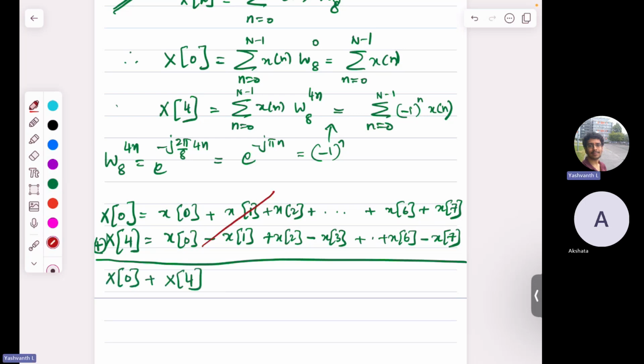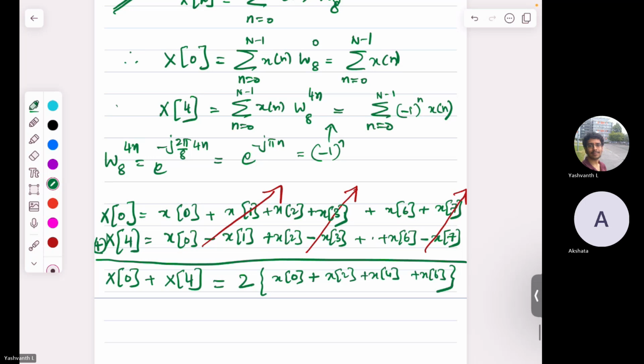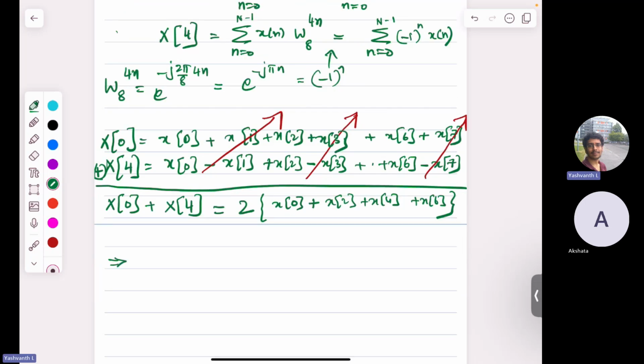All these even odd terms will get knocked off. Correct? But what will remain is 2 into x of 0 plus x of 2 plus x of 4 plus x of 6. Or in other words, x of 0 plus x of 2 plus x of 4 plus x of 6 is nothing but capital X of 0 plus capital X of 4 by 2.